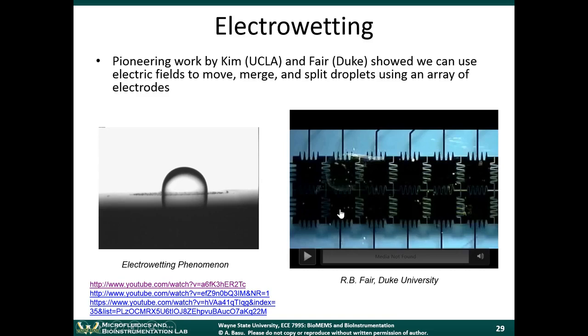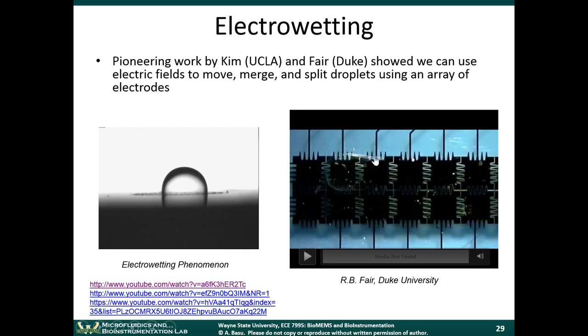When you apply a voltage to these electrodes, so the voltage of the surface relative to the droplet itself is different, this actually causes the contact angle to change. It's a surface tension based phenomenon. When that contact angle changes, you can cause the droplet to move in a certain direction.